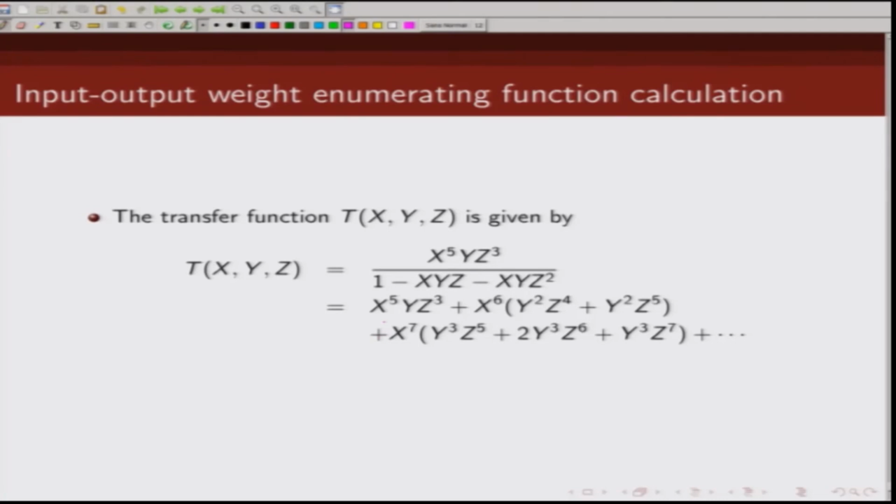The weight enumerating function said we had one code word of weight 5. Now, it says that the code word of weight 5 was caused by message information bit weight 1, and the length of the digression from the all 0 state before it merged with the all 0 state was 3.